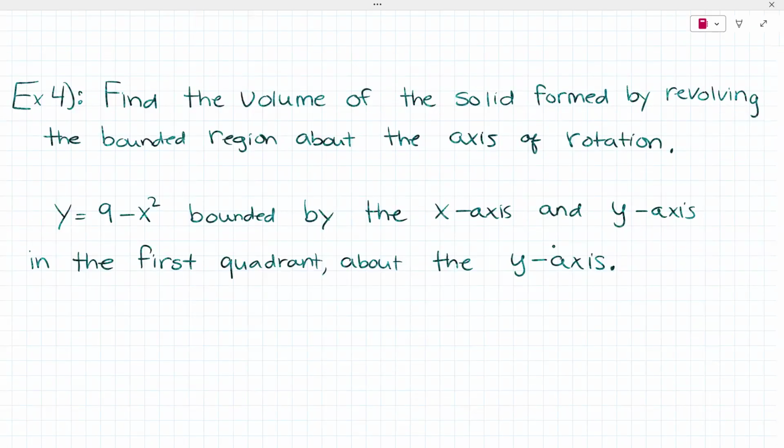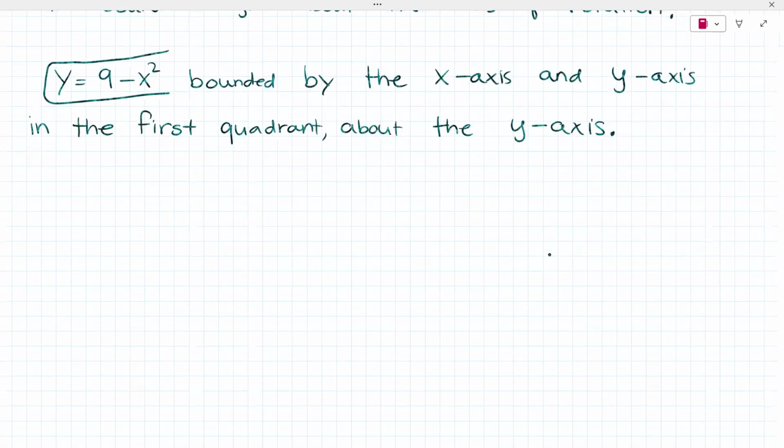What does y equals 9 minus x squared look like? That's a U-shaped parabola, and we can only use the first quadrant, so it would look like this. And then the topmost y value is 9, right? It would look something like this.